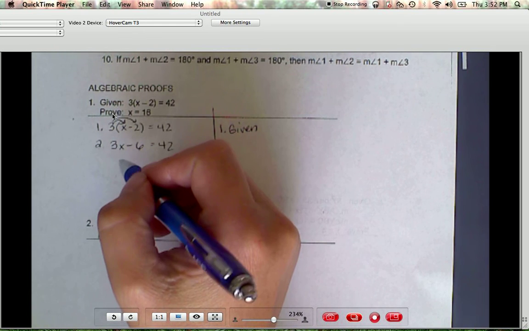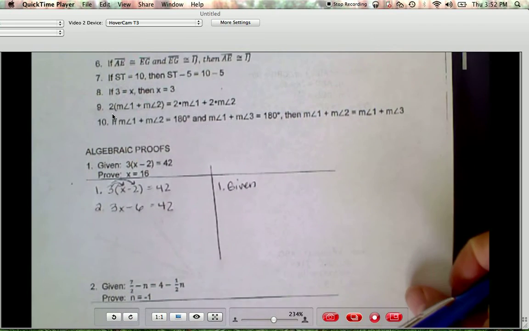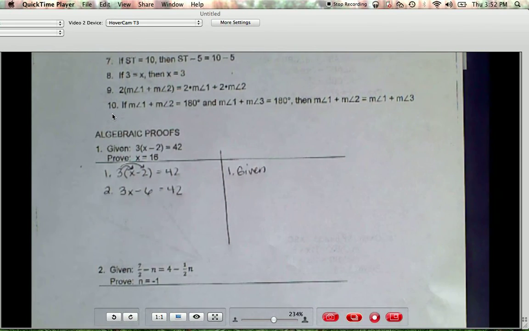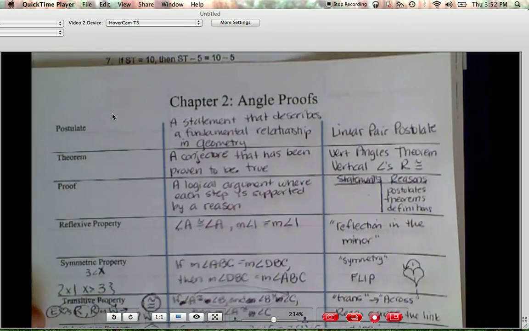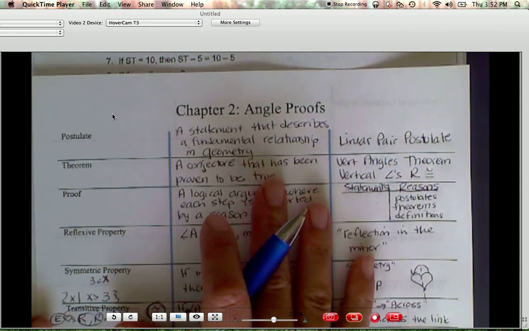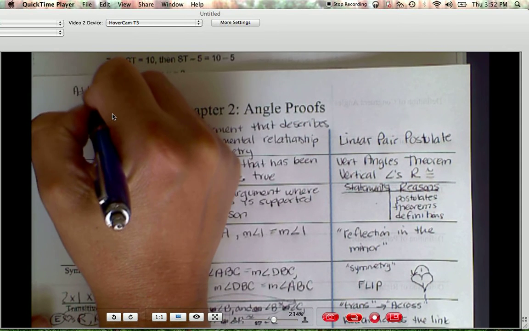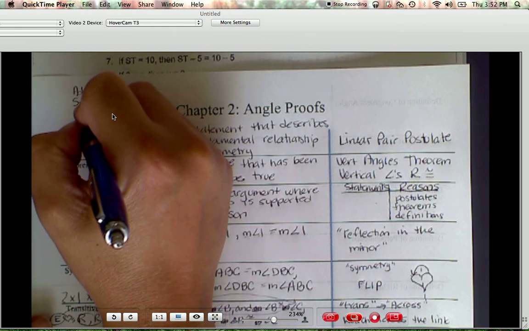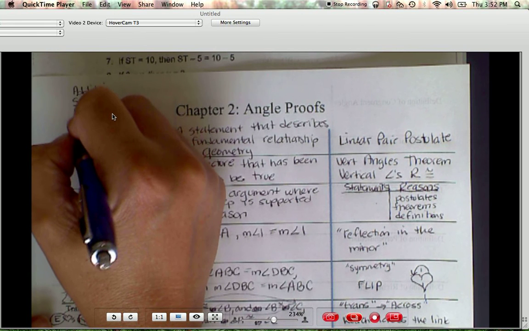So we do also have some other properties. We can go ahead and write them here at the top. Now, the reason I didn't go through them is because they are things that we've already been using. Addition, when you add the same thing to both sides of the equation. Subtraction, when you subtract the same thing from both sides of the equation.